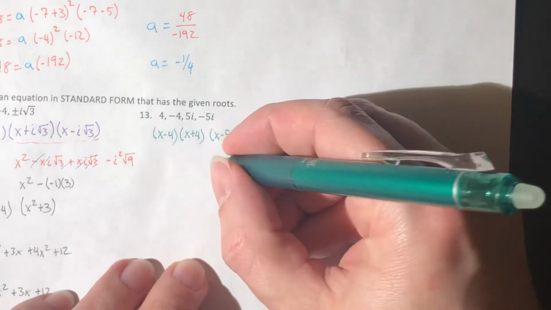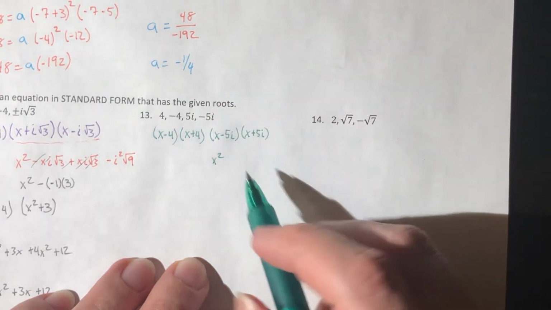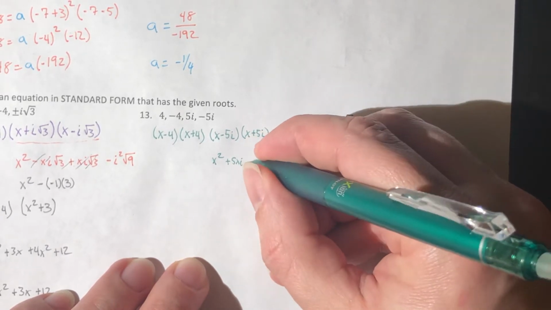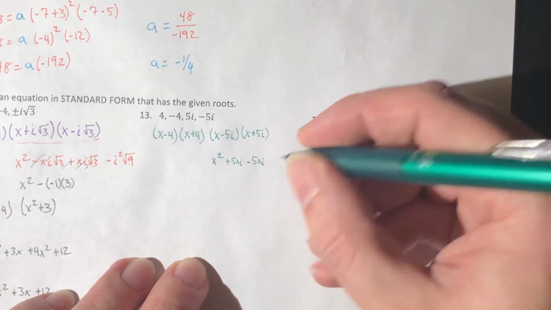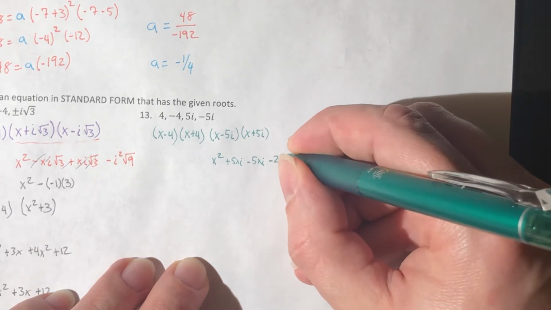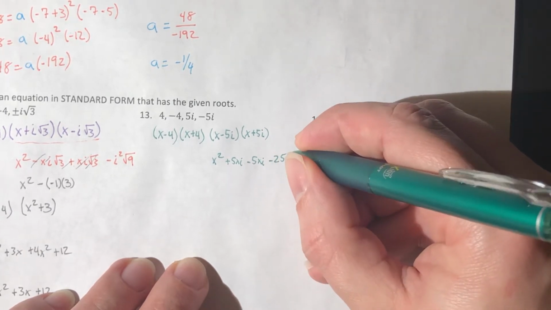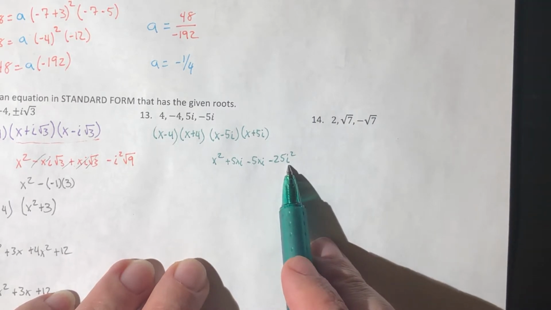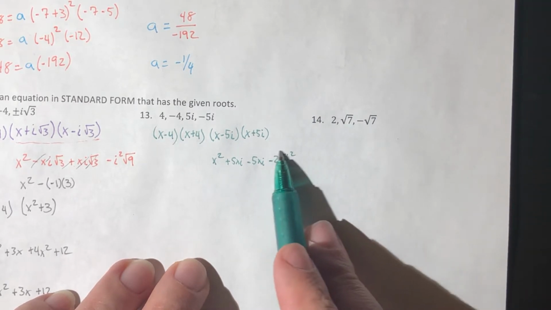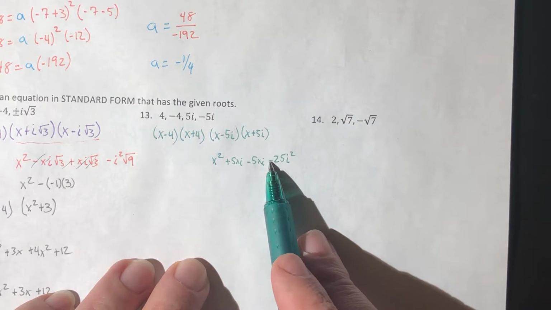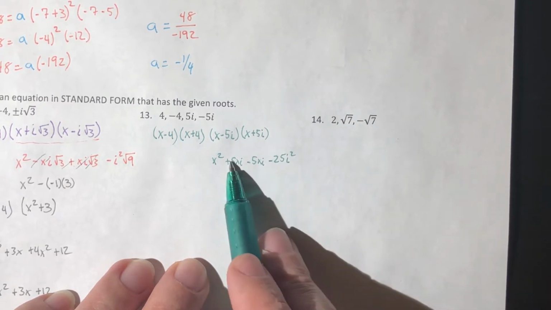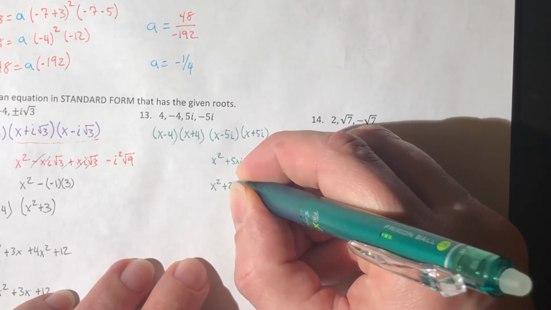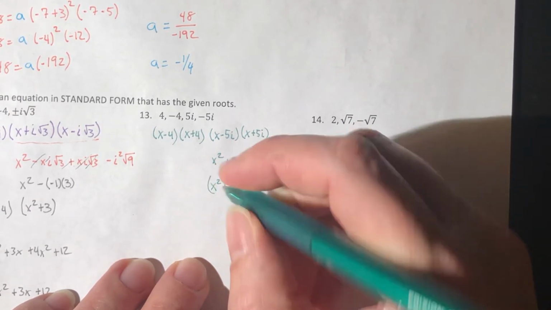So x times x gives me x squared, x times 5i plus 5xi minus 5xi minus 25i squared. i squared is negative 1. Negative 1 times negative 25 makes that plus 25. Those cancel out. So I've got x squared plus 25.